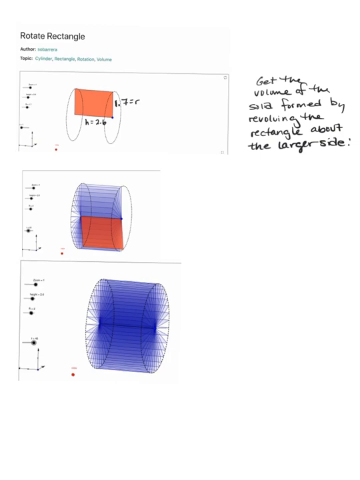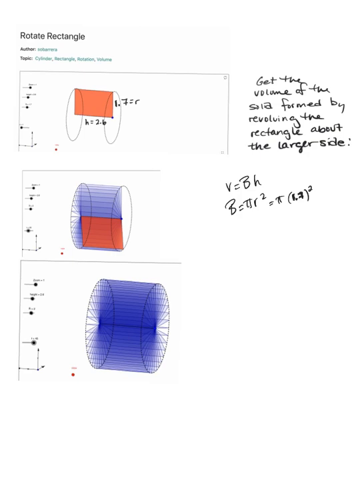So, volume of a cylinder is base area times height, but the base area is pi r squared. So I have pi times 1.7 squared. Okay, what's 1.7 squared? Is it 3.24?